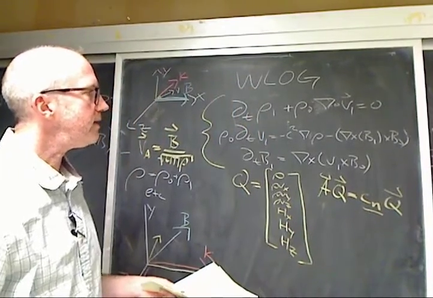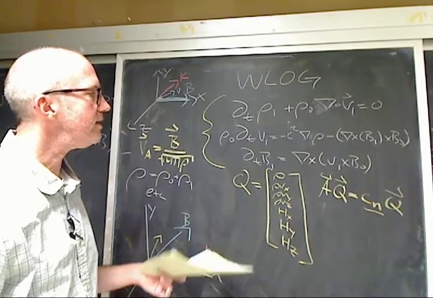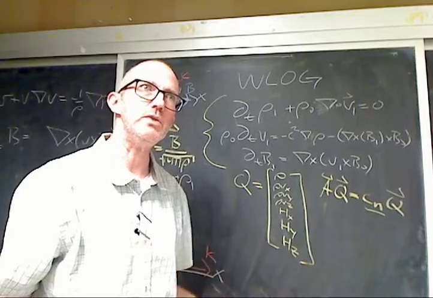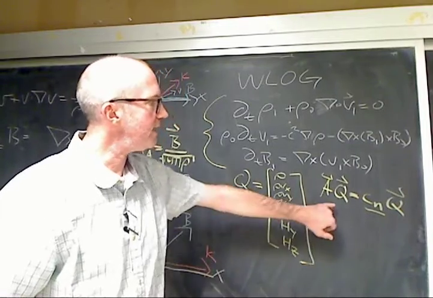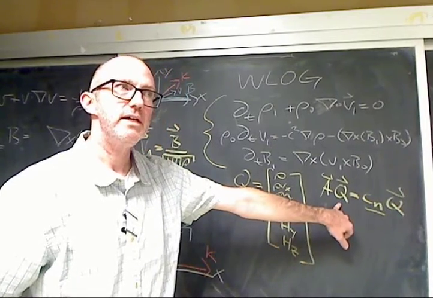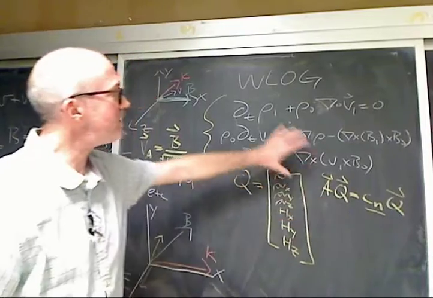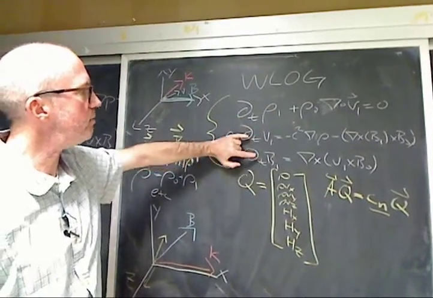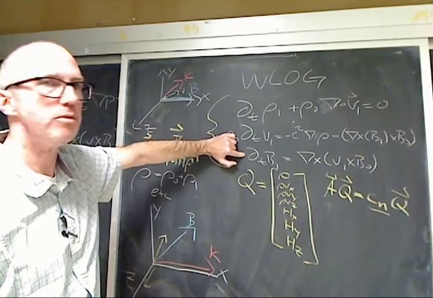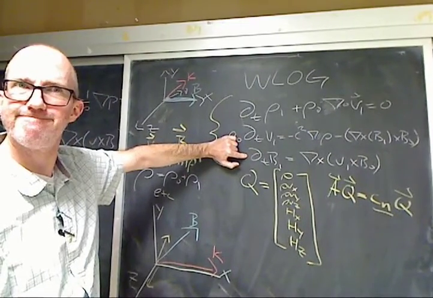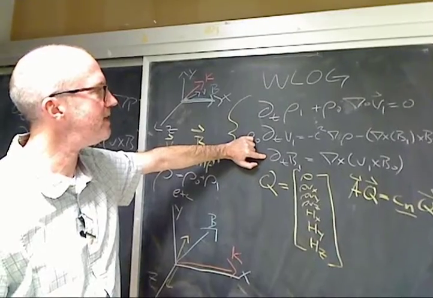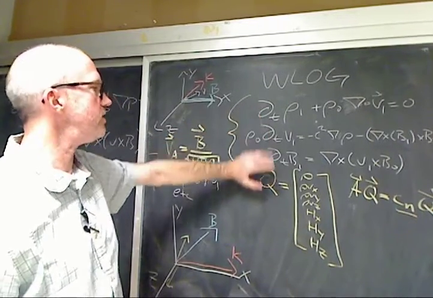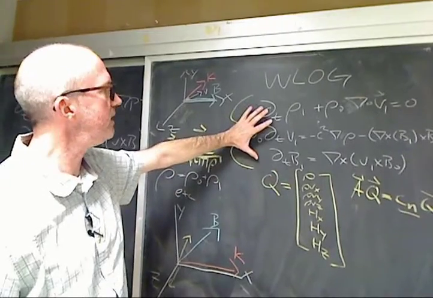Why do I want to do that? Well, because then I can diagonalize it. I'm not going to do this, but one can, and it is a useful thing to do. You can then diagonalize this matrix. So this is 7 equations. I only wrote 3, but there's three components to this one and 2 components to this one. Why only 2? I'll explain that in a second. So this is 6 equations. There's a pressure equation too that you might need.